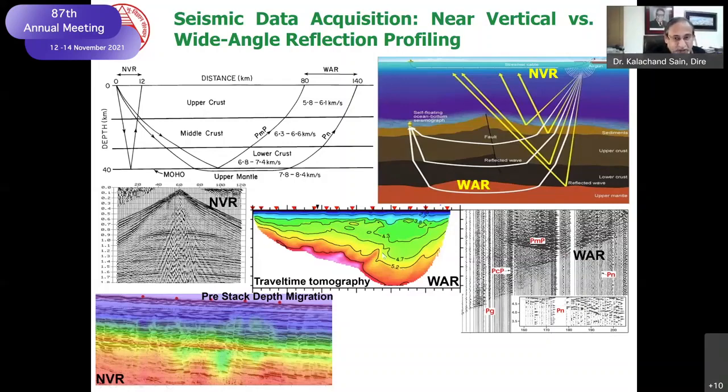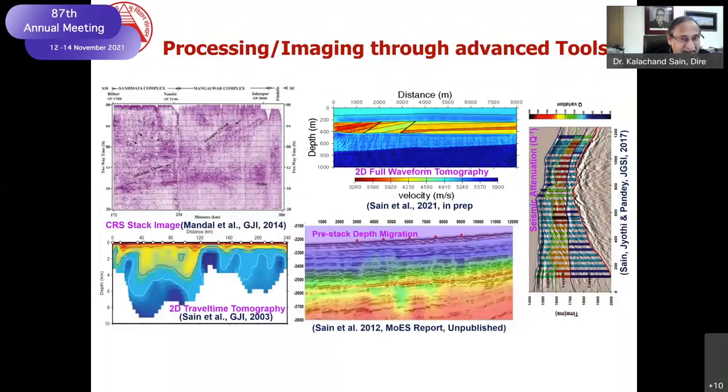So why do we have these two types of experiment? Because the near vertical data gives very good structural information, and the wide angle data gives very good velocity information. If we have coincident near vertical and wide angle data, that gives holistic information both in terms of structures and physical properties. That's why two types of seismic data acquisition are there.